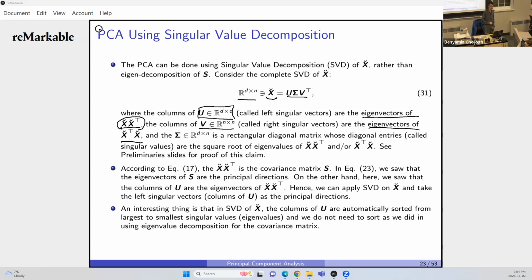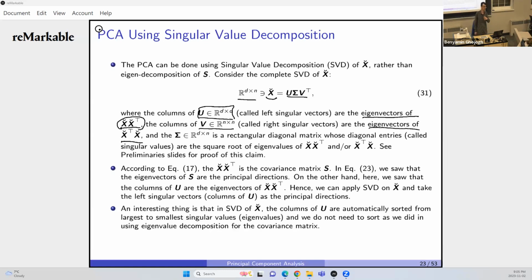So rather than eigenvalue decomposition of the covariance matrix, I can apply singular value decomposition on the centered data itself, and take the left singular vectors as the PCA directions. Understood? Interestingly, if you do that, you don't need to sort anymore. The singular vectors will be sorted automatically.